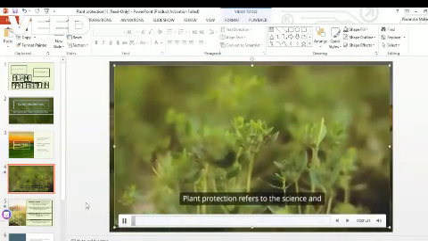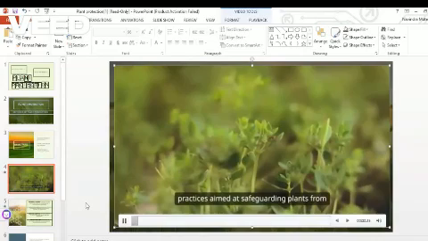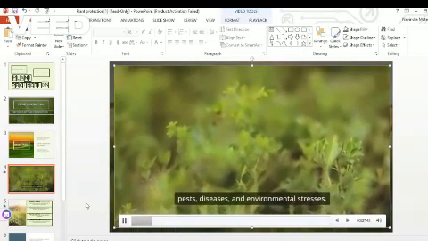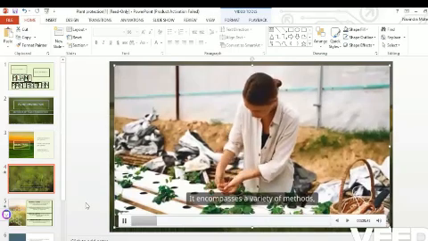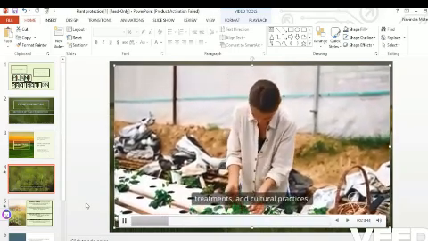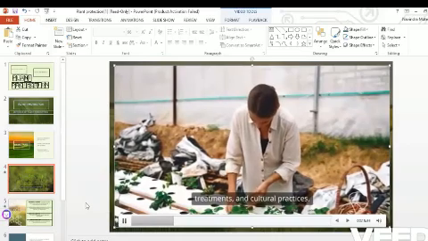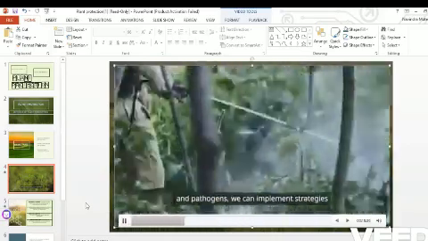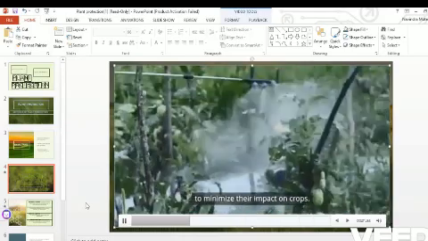Plant protection refers to the science and practices aimed at safeguarding plants from pests, diseases, and environmental stresses. It encompasses a variety of methods, including biological control, chemical treatments, and cultural practices. By understanding the life cycles of pests and pathogens, we can implement strategies to minimize their impact on crops.